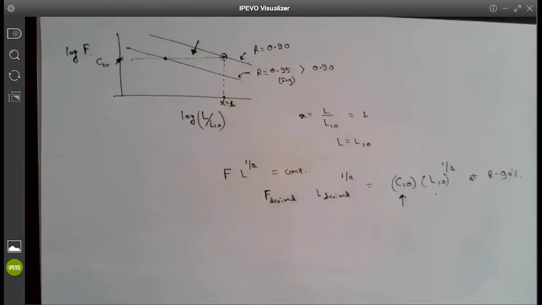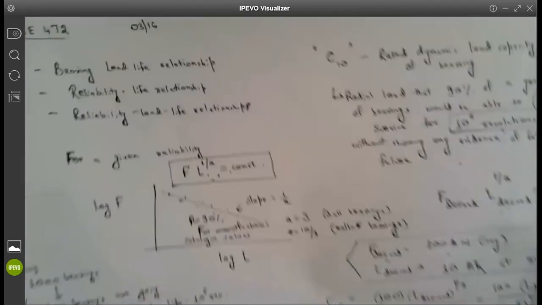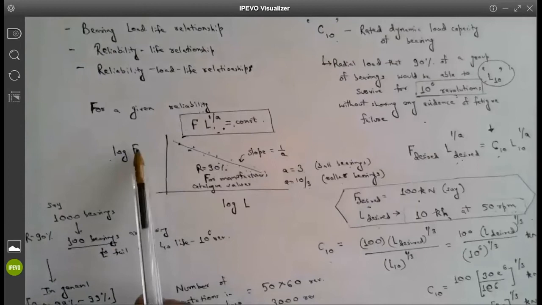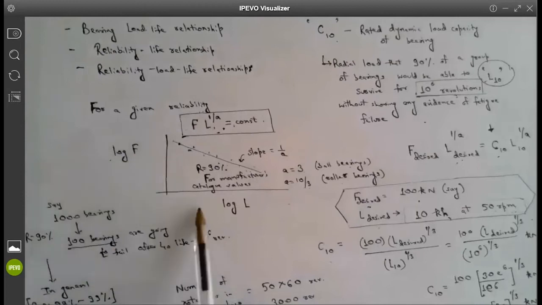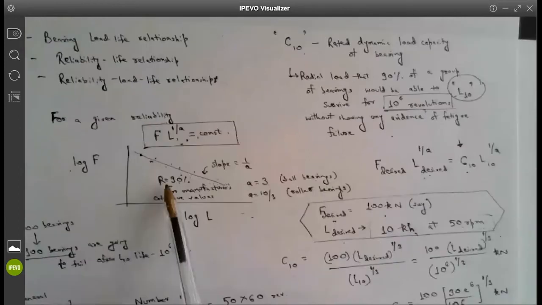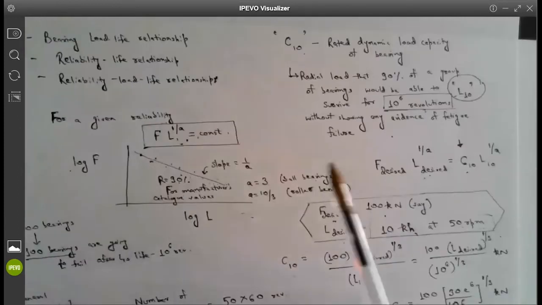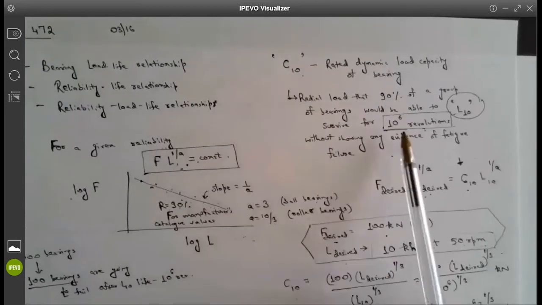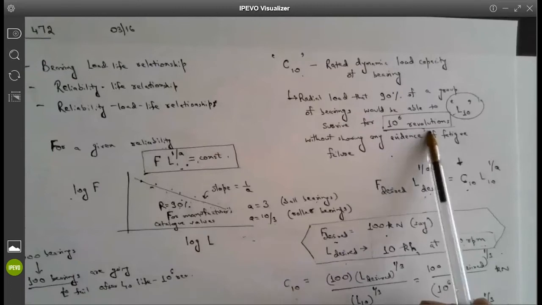If you are not yet getting it, or you're getting confused, let me share the first sheet of paper again, where I showed you that if you plot the logarithm of F and the logarithm of L life on the x-axis, then a straight line is obtained, and that straight line is defined for 90% reliability. That basically means that you have a C10 value defined that corresponds to 1 million revolutions, which is your L10 life.